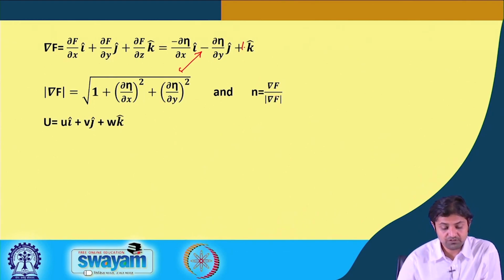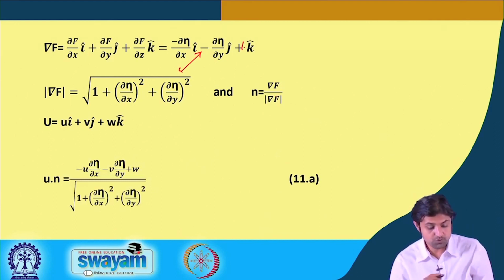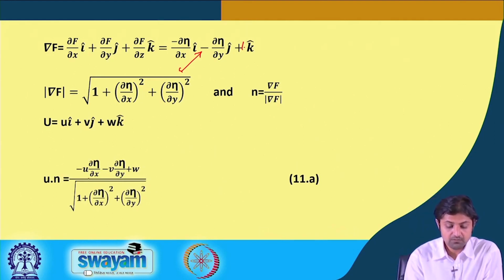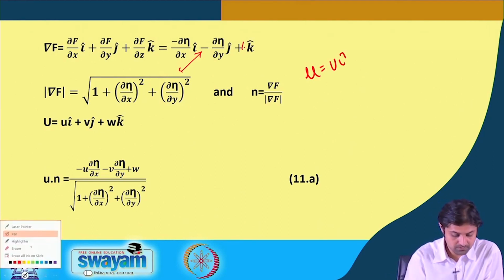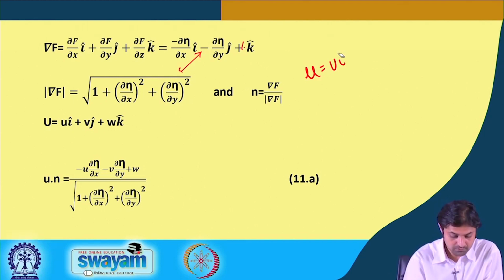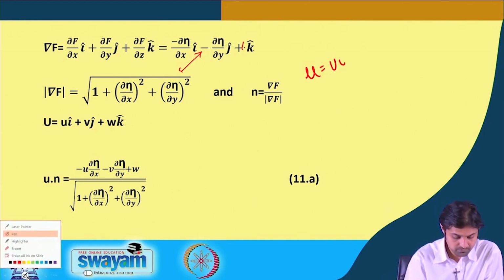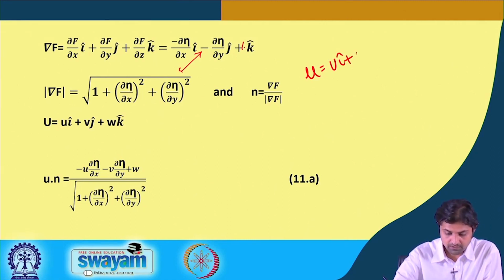If we assume this velocity is 3 dimensional, ui, vj and wk, then u dot n is going to be minus u del eta del x minus v del eta del y plus w. So, u is ui plus vj plus wk.